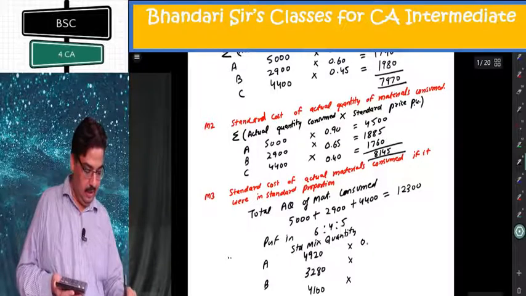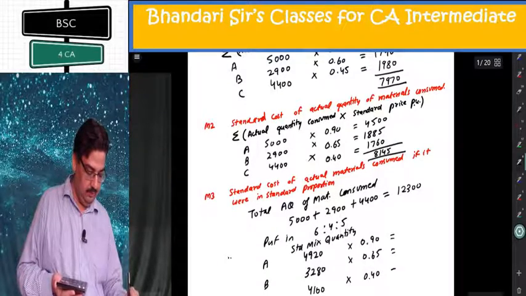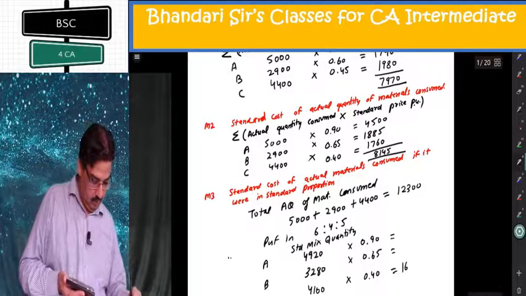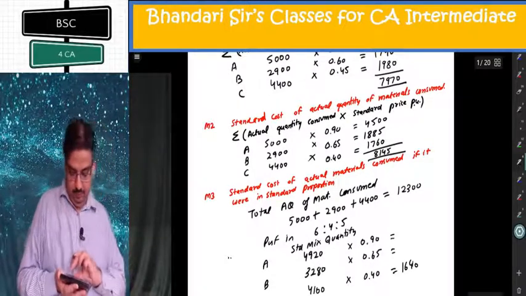Multiply with standard rate 90 paisa, 65 paisa, 40 paisa. One is 1,640.